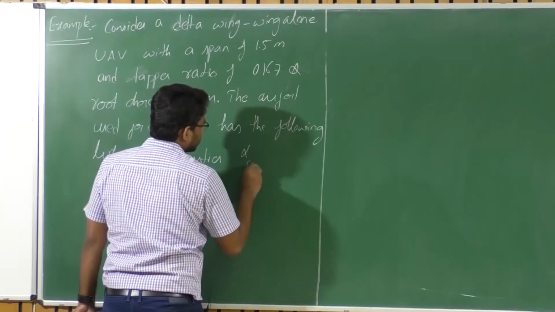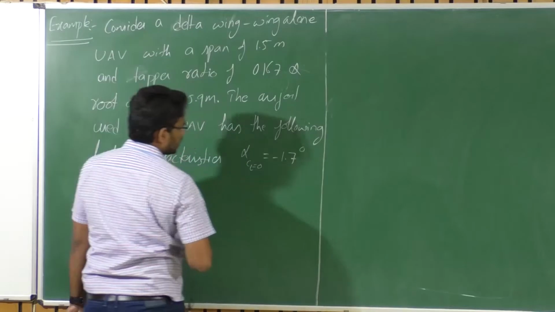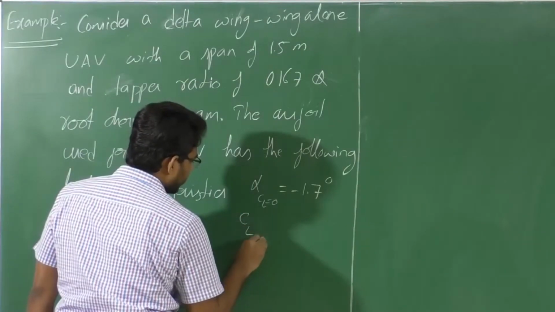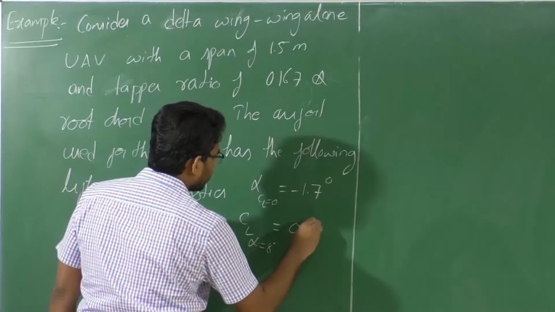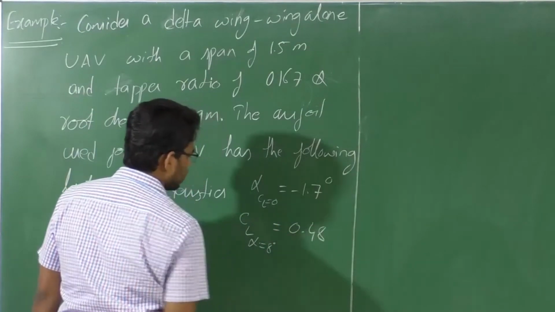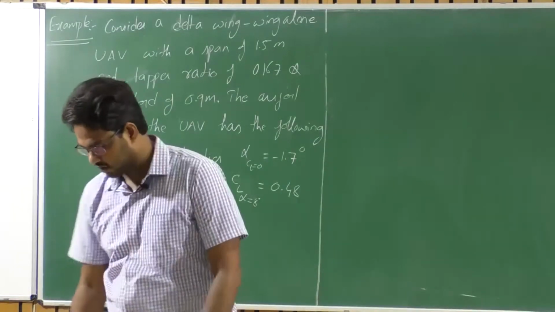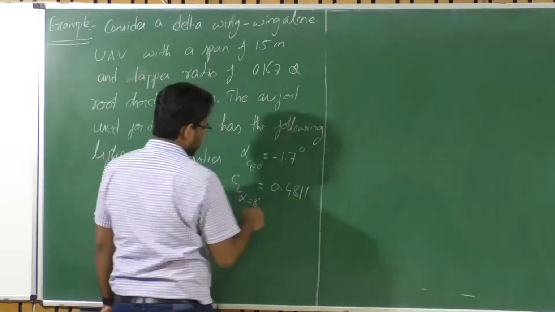Alpha at CL equals 0 is minus 1.7 degrees, and CL at alpha equals 8 degrees is 0.48. This is the data that we have for the 4811 aerofoil, let us say at 8 degrees.